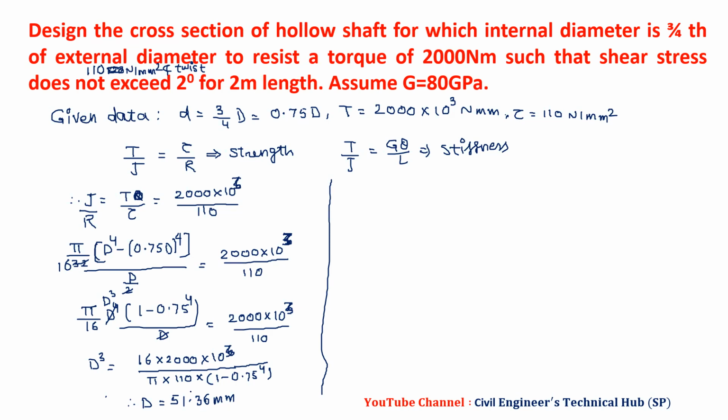So if I will take it as 120 into 1 minus 0.75 to the power 4, inverse, multiply by 16 into 2000 to the power 3, to the power 1 by 3. Yes, 49.89. So if you will take tau 120 Newton per mm square, then you will get value of D, I don't remember exactly, you will get 49.89 mm.